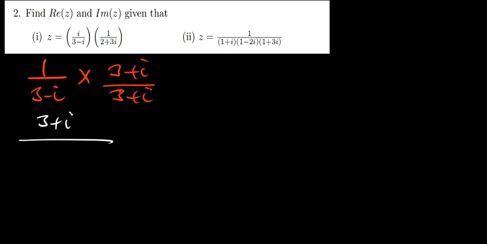First work out with this one, so I'll say 3 plus i divided by 3 plus i. And then on top here, since I have got 1, I'll have just 3 plus i. And then here I'm multiplying by its conjugate. Square the one having negative, as simple as that.